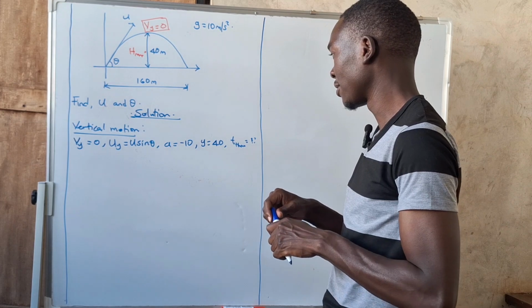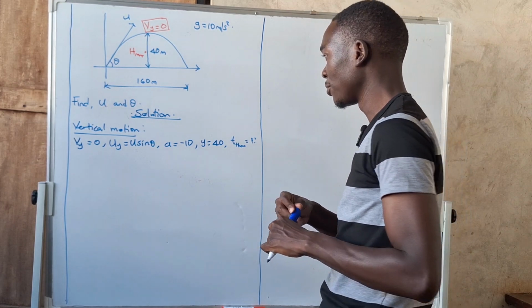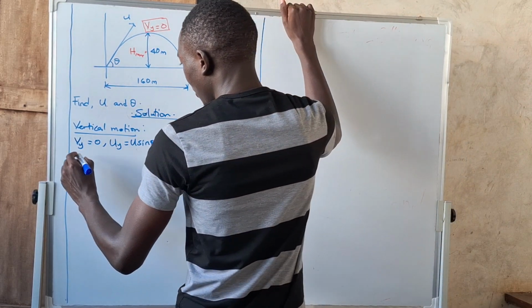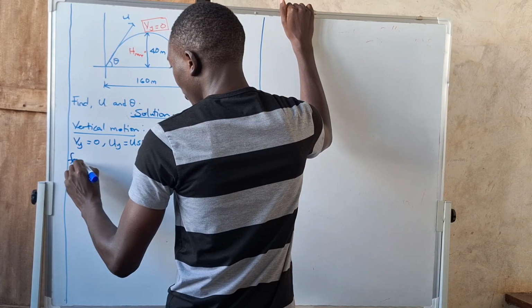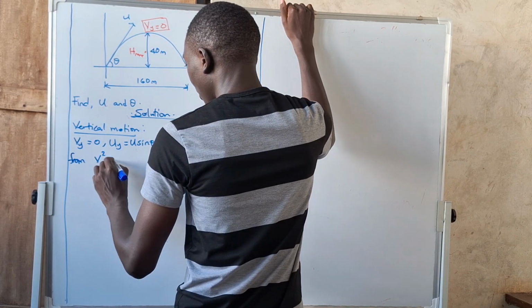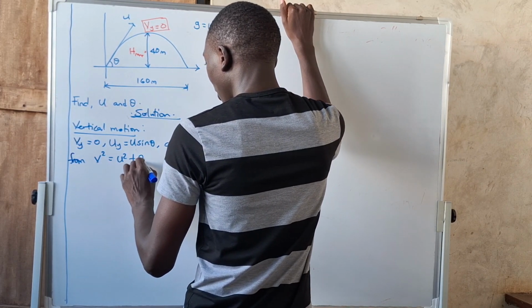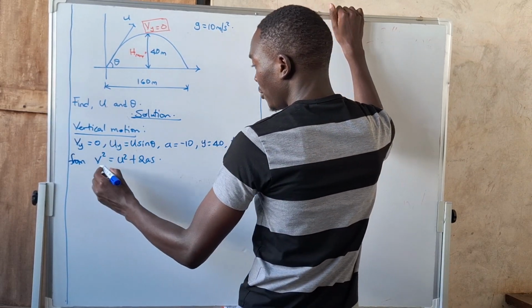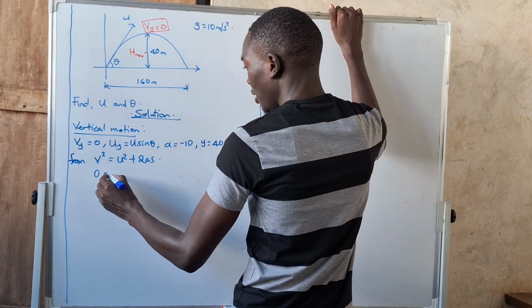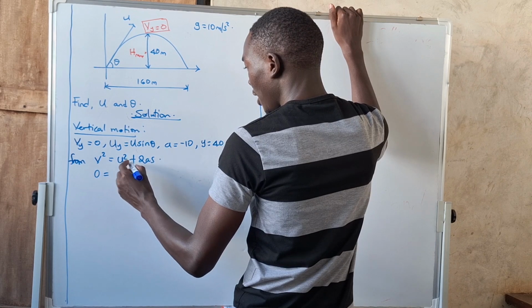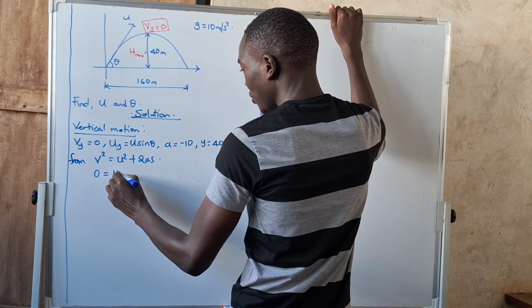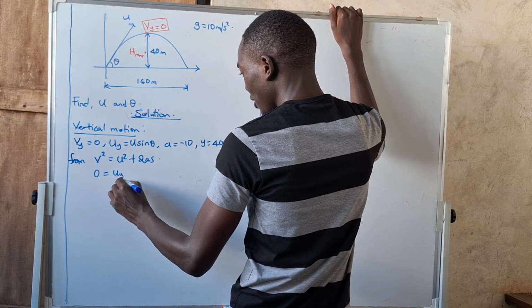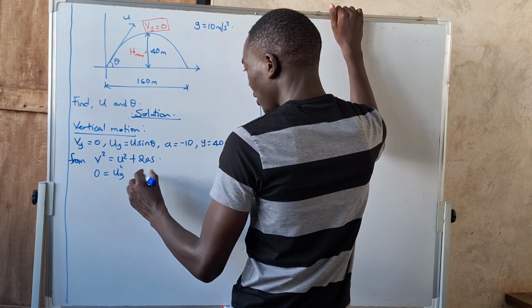Which equation is that? Someone think about it very fast. That is the third equation, v squared is equal to u squared plus 2as. So from this, my vy is 0. Then my u, let me keep it as uy squared, I'll substitute later.